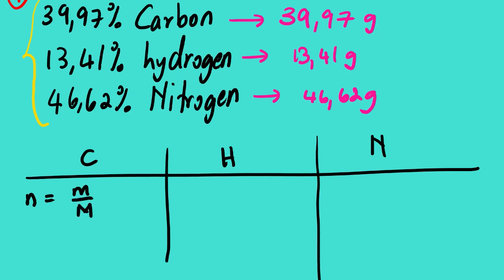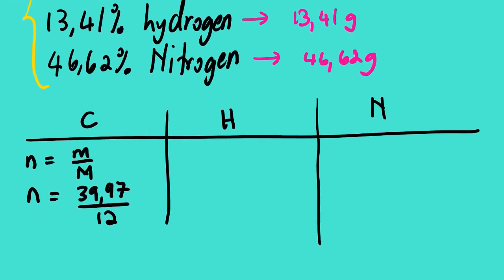I'm going to write the equation for just carbon only, and then the mass is 39.97 over the molar mass of carbon, which is 12. We get that the number of moles is 3.33 mole.